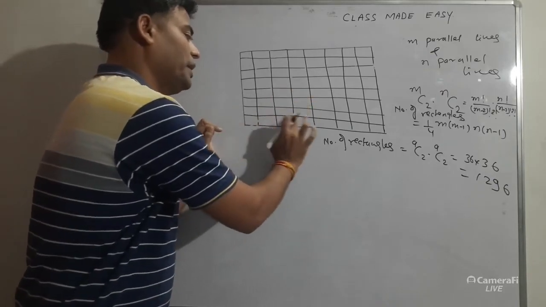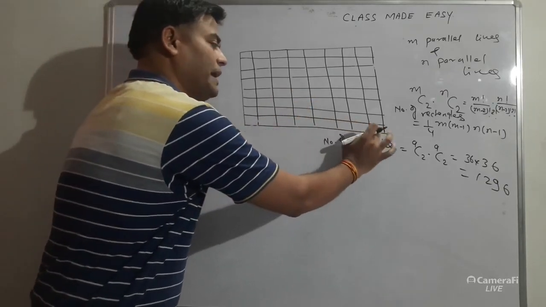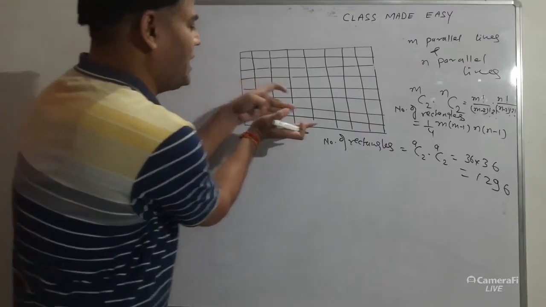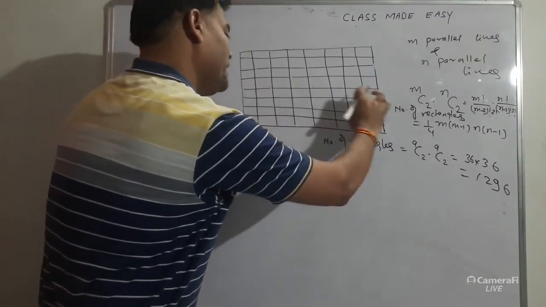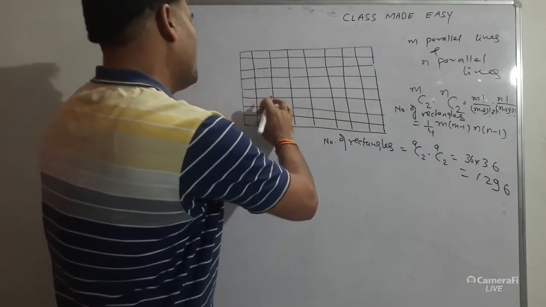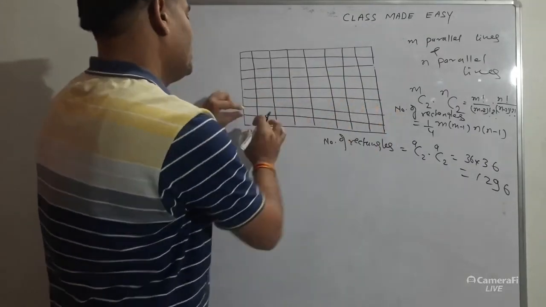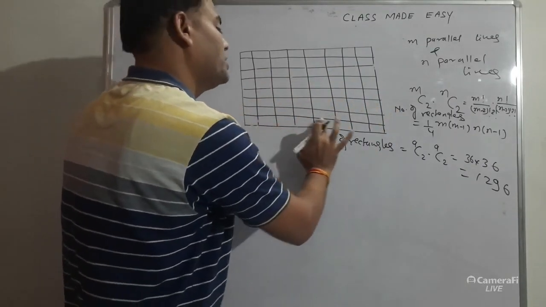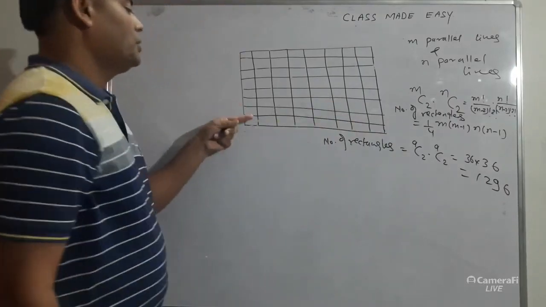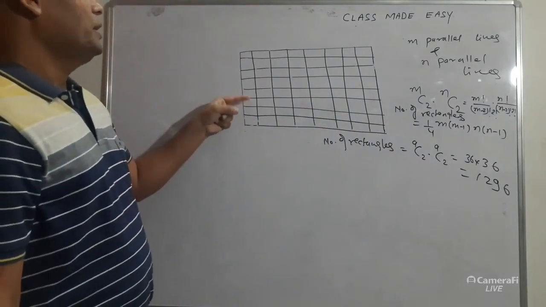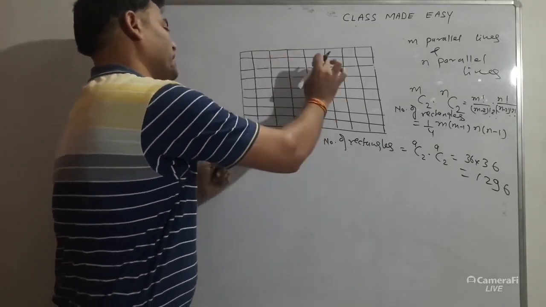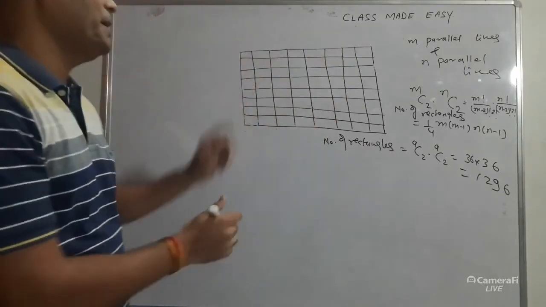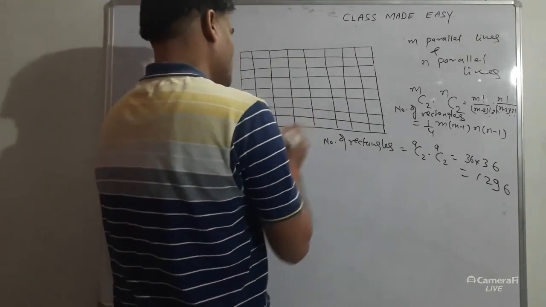So 1, 2, 3, 4, 5, 6, 7, 8. Now see, these are 8 squares. Another 8, then 8, 8, means this type of blocks are 8. So in one block, these are 8 squares. So we have total 8 into 8. So 8 times 8, that is 8 square.